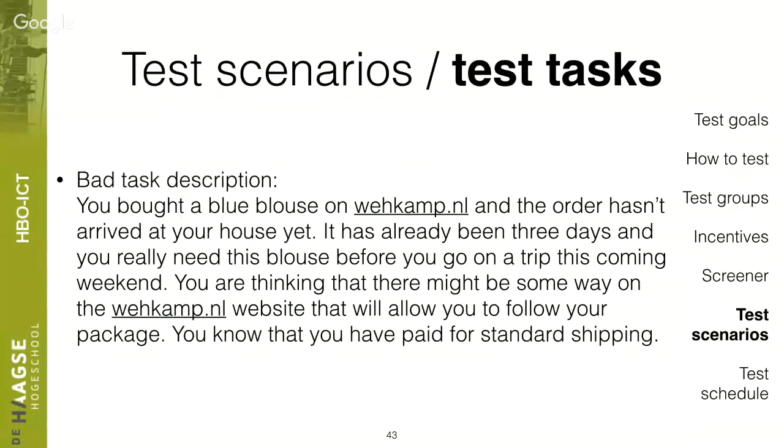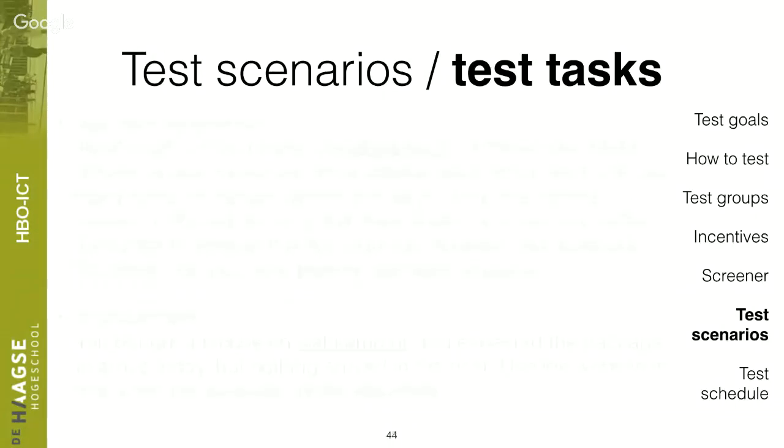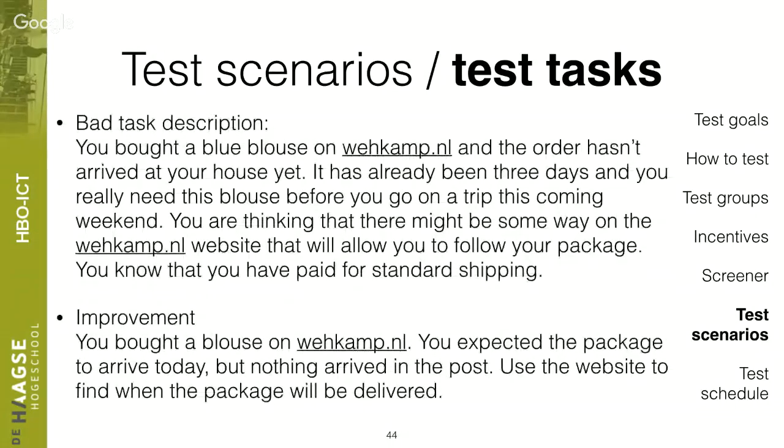Is it really necessary that you know all these details? No, no one will read it. So you have to shorten it down to exactly the most important thing. So you got a blouse from this website, and you already expect it to arrive today, but it's not. Can you find your purchase history and the delivery details on this website? Here you go. Start working on this.